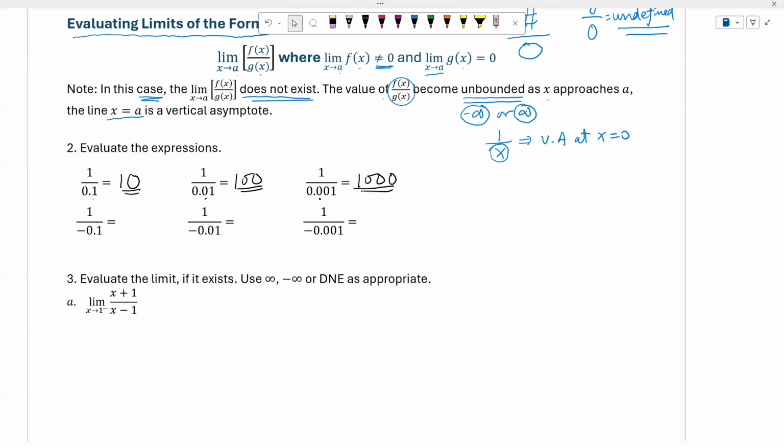On the other hand, if I have 1 over negative 0.1, then I have negative 10. 1 over negative 0.01, I have negative 100. 1 over negative 0.001, I have negative 1,000.